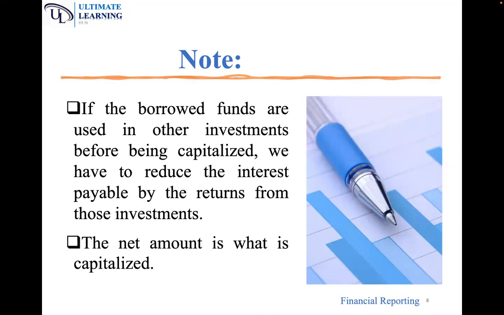We have also looked at, when does capitalization stop? Capitalization stops under two conditions: when construction is complete, and number two, when construction is suspended. Finally, we have said that if you made some investment from the amount you borrowed, the return from this investment reduces the amount of borrowing cost to be capitalized.